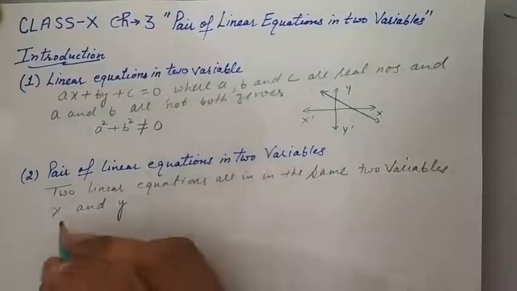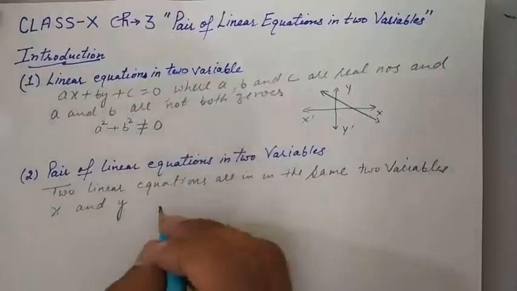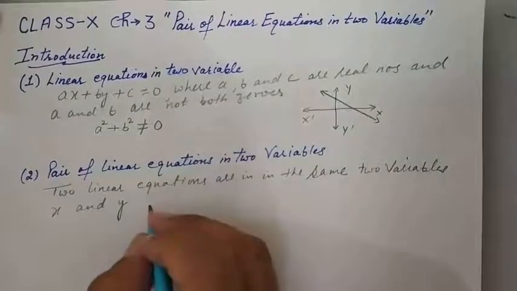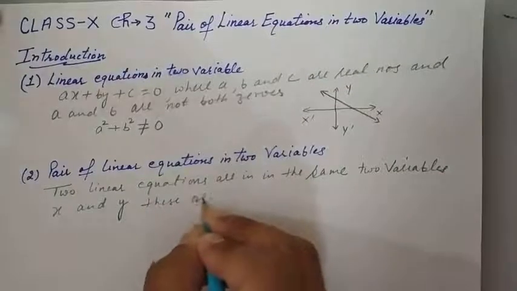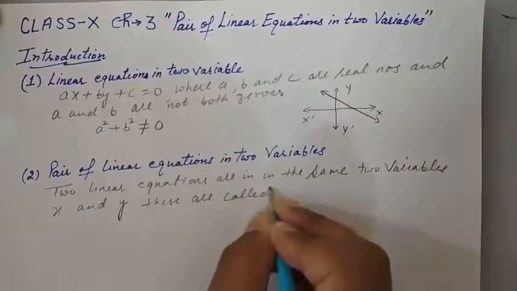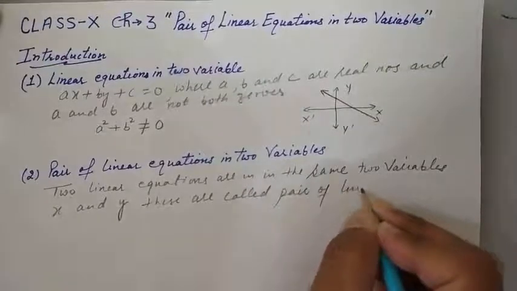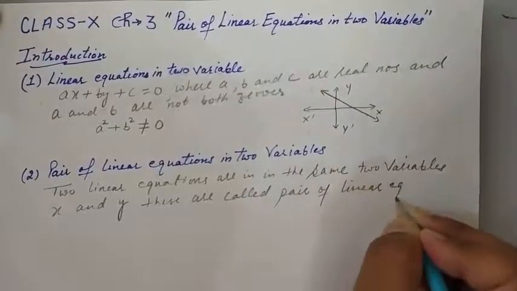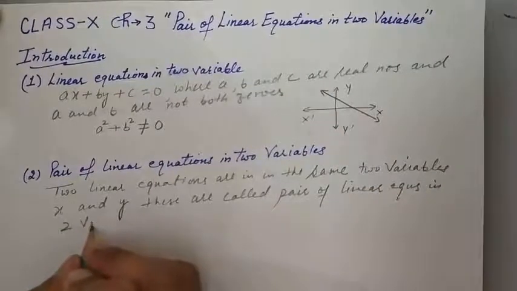You can take a and b in place of x and y also, anything else. These are called a pair of linear equations in two variables.